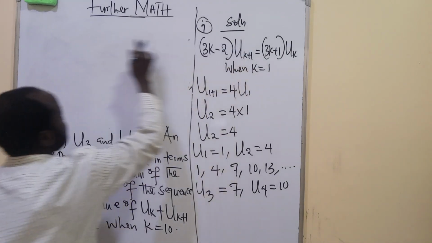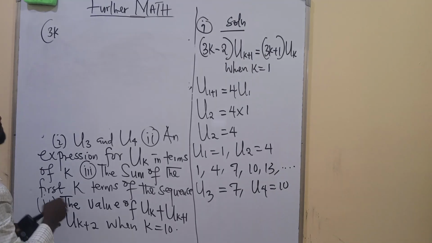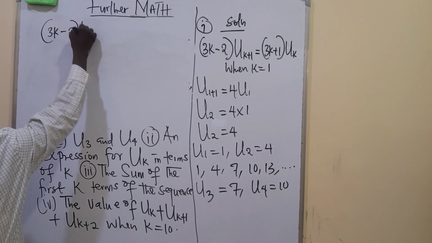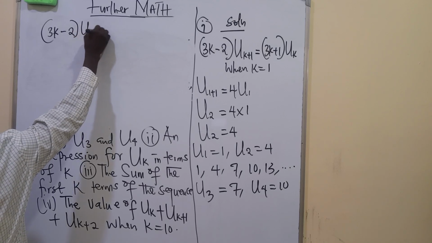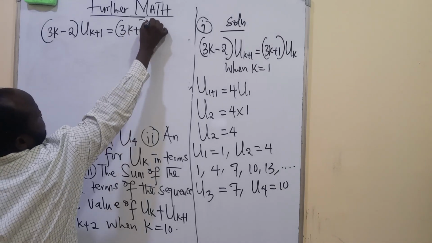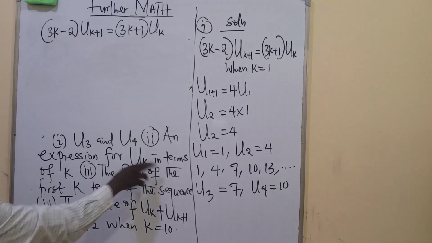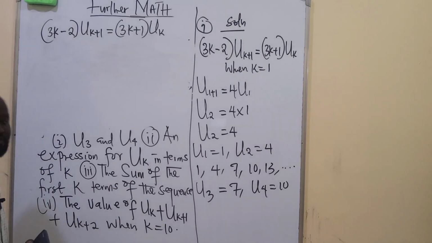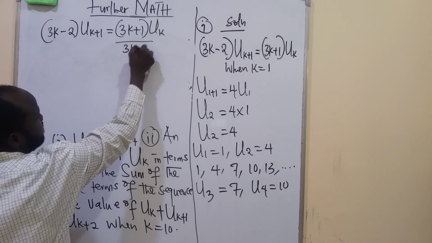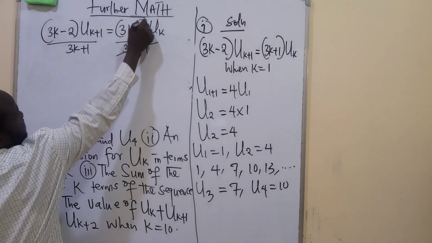From this relation here, we have (3k minus 2) times U(k+1) equal to (3k plus 1) multiplied by U(k). We are asked to make U(k) the subject of the relation. That's the subject of the formula. Very easy. Let's divide through by 3k plus 1. We can divide this, that will be 1.